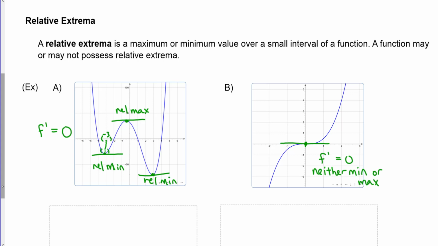And in fact, this particular function has no relative extrema. And that can happen. So a function doesn't have to have relative extrema, but if it does, where the derivative is equal to 0 is generally a good indicator as to where that might occur.